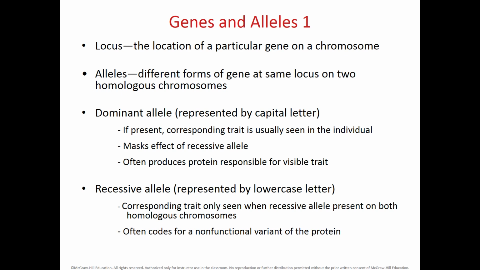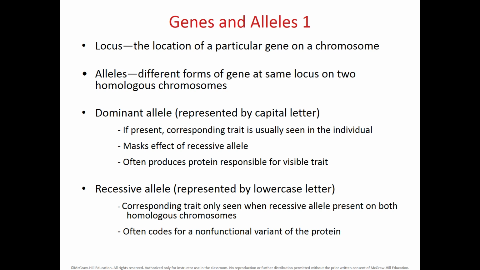That's why it's called non-dominant or recessive. Usually dominant alleles code for proteins that are responsible for a visible trait, and the recessive ones don't code for that protein and are not visible.